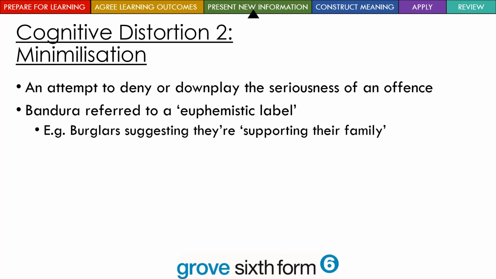A good example of this is individuals who engage in theft and steal may well downplay or justify that by saying, well, this is just essential to support my family. So we're starting to see minimalisation of the impact on the victims through the justification process.